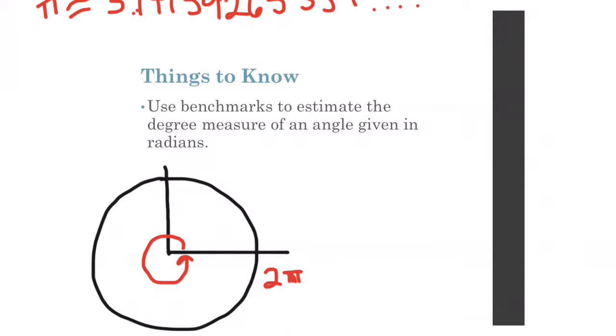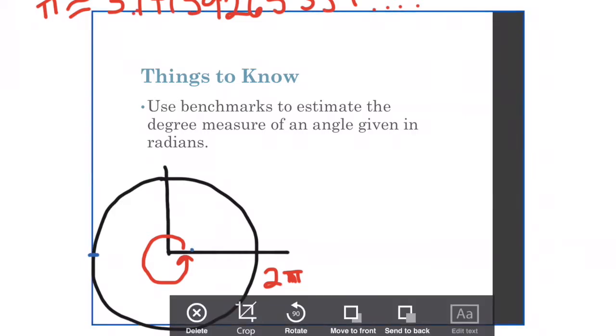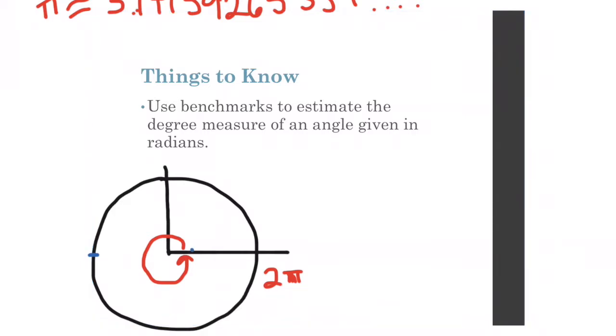So if a full circle is equal to 2 pi, then going from this line to here would be pi, right? If a full circle is 2 pi, then half a circle would just be pi.